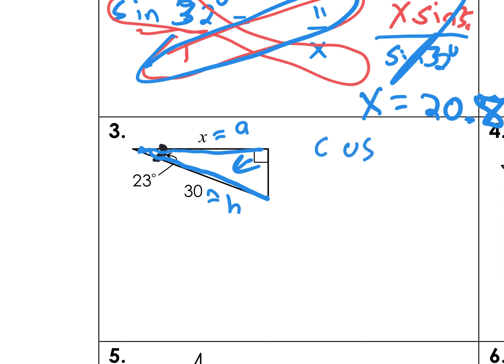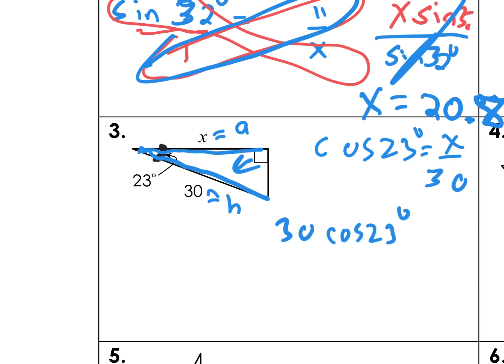You could actually use secant if you wanted to. But cosine of 23 degrees is the x over 30. Therefore, 30 times the cosine of 23 degrees must be my unknown side. Pick up your calculator, key it in.